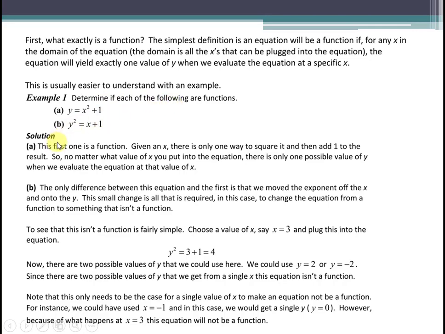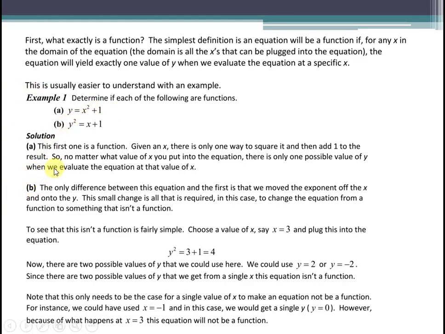So here we have solutions for a1. First, it is a function. Given an x, there is only one way to square it. For example, if you put 2, it will be 4. If you put 5, it will be 25, and so on. And add 1 to them.